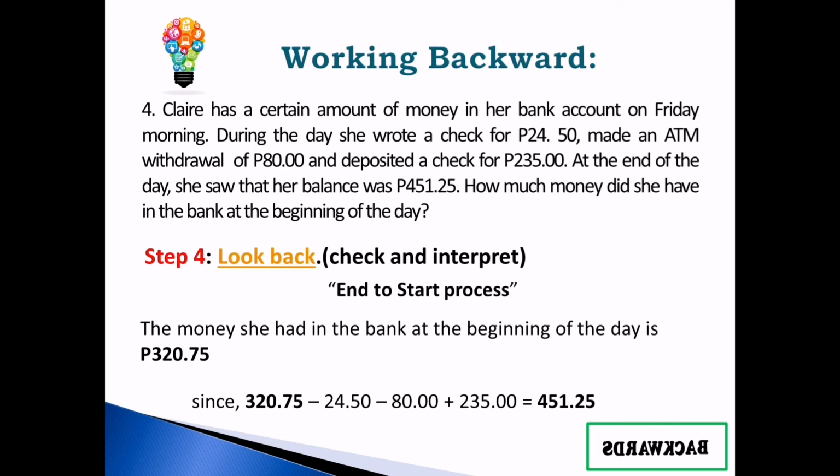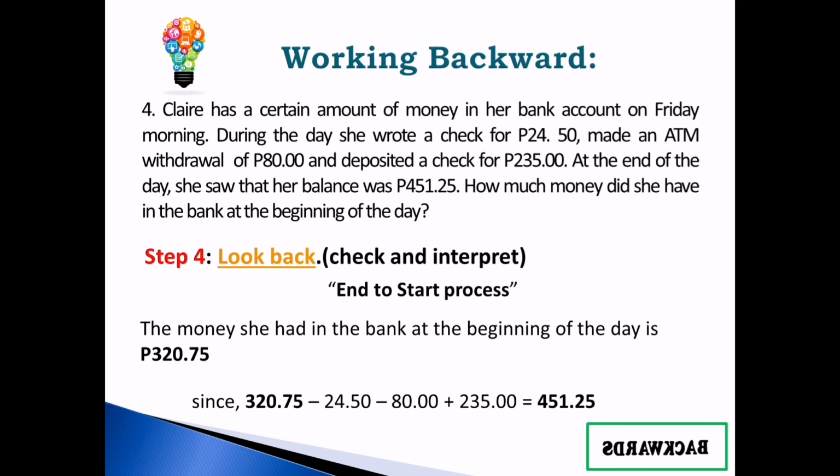Since the balance at the end of that day is 451.25, that really satisfies the given equation. That is the function of using working backward as the strategy in solving a worded problem. Again, I hope you have a clear understanding of the right steps in using the working backward process.